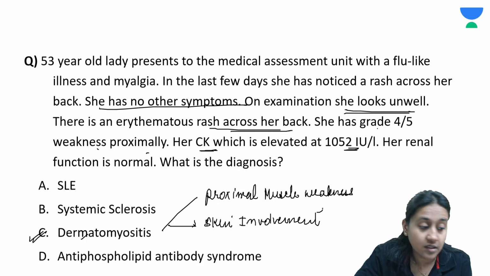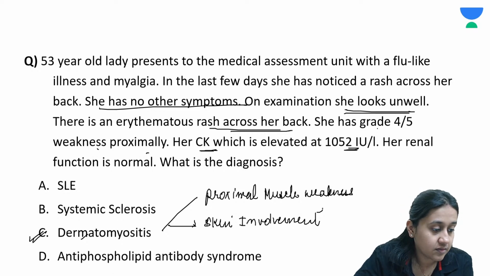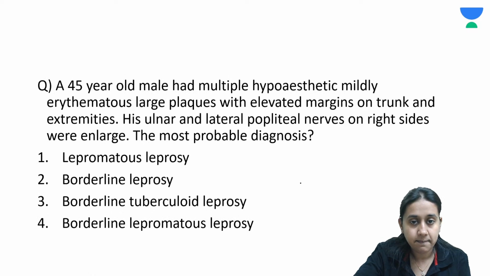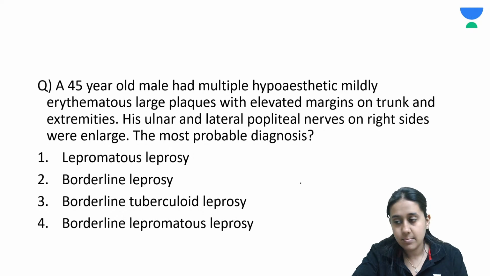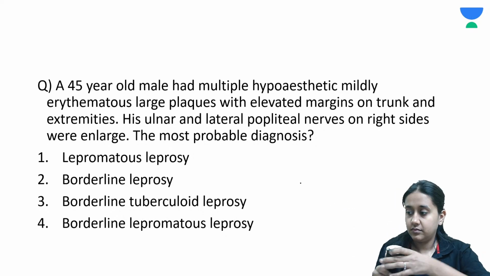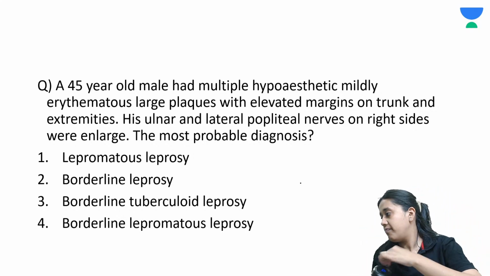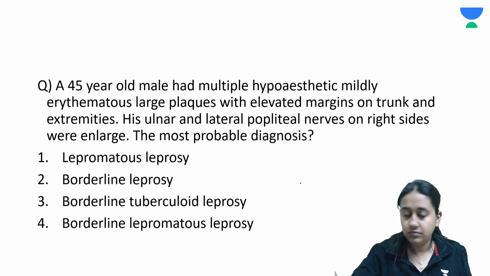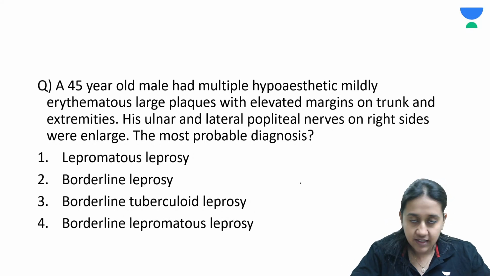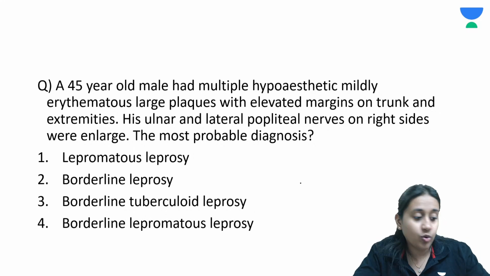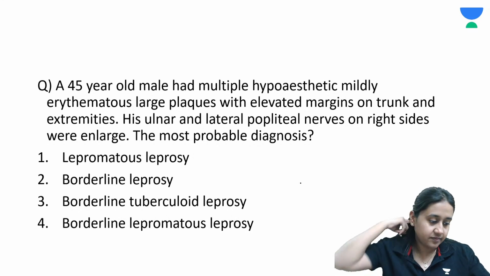Then you can have thickening of the knuckles known as Gottron's papules and plaques. Please remember that is a feature of dermatomyositis. Yes, even mechanic's hands, holster sign, and ragged cuticles are all features of dermatomyositis. Next question.